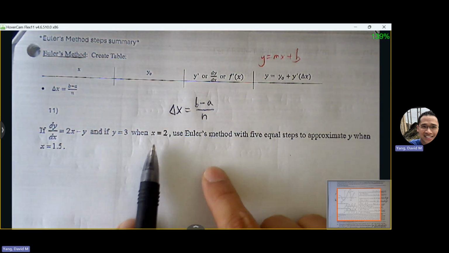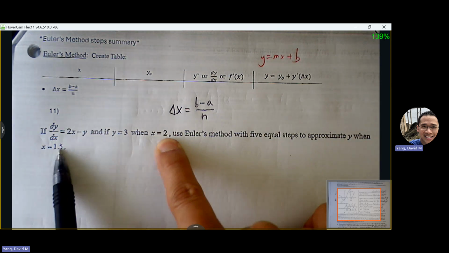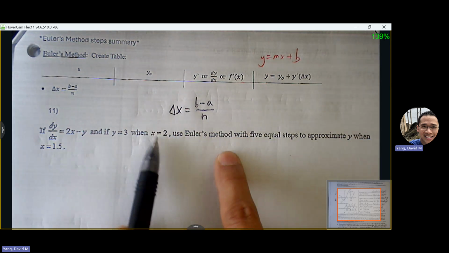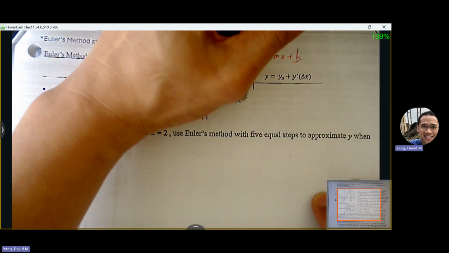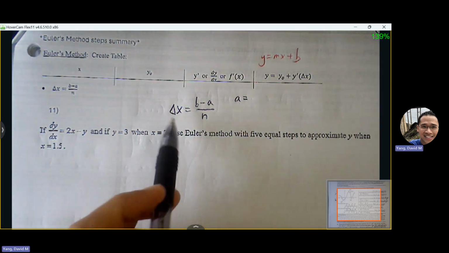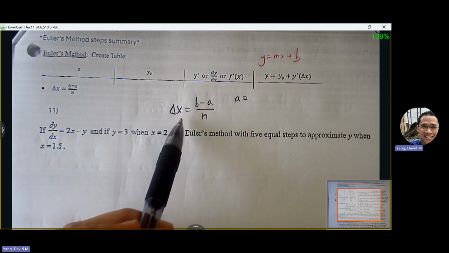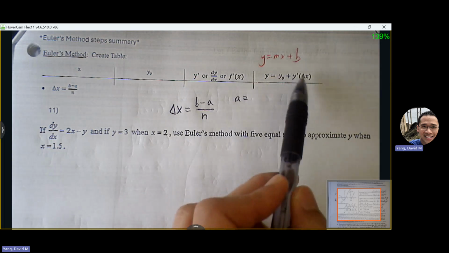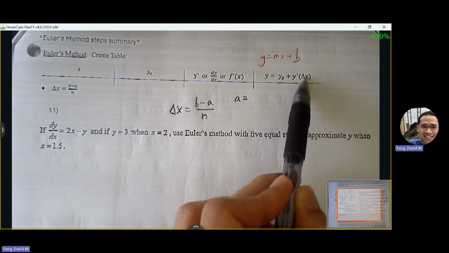In this case, my a value is 2, my b value is 1.5, and my n value is 5. I'm starting at 2 and ending at 1.5. I saw students forget that delta x could be negative, and that threw off a lot of their answers because they put a positive number for delta x in their process.